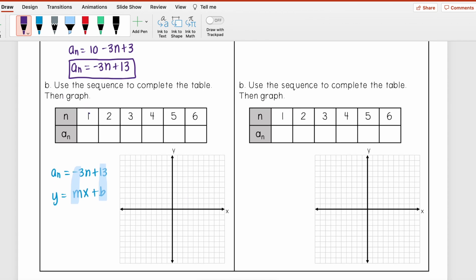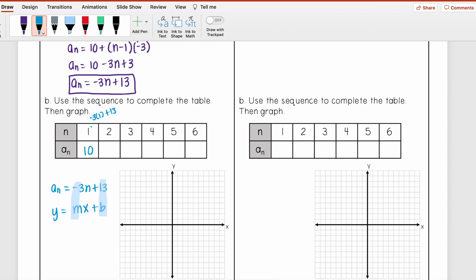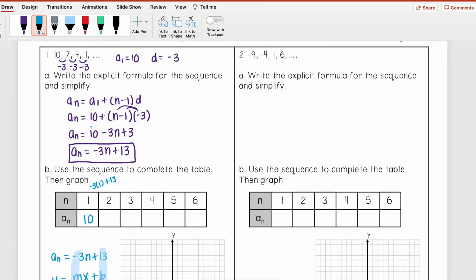So you could go ahead and plug all these values in for n to find your an. So for instance, I could plug in 1 for n here and I get -3 times 1 plus 13, which is -3 plus 13, which is 10. However, I can also just look up at my sequence.